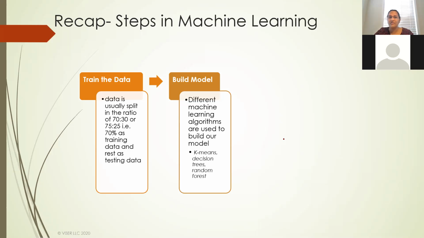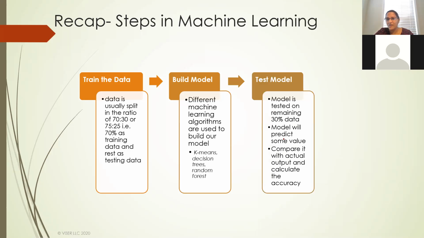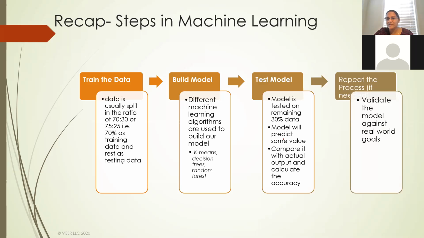Sometimes, especially in competitions, you get the training set and test set separately. Then you build a model, test it on the test data and compare it with the actual values. I have already shown you how this is done in the first class. Then you find the accuracy of the model. If the accuracy is very low, like less than 50%, then you may want to revisit your model, make some changes and see if you get a better accuracy, or you may want to change the algorithm. So this becomes your last step.